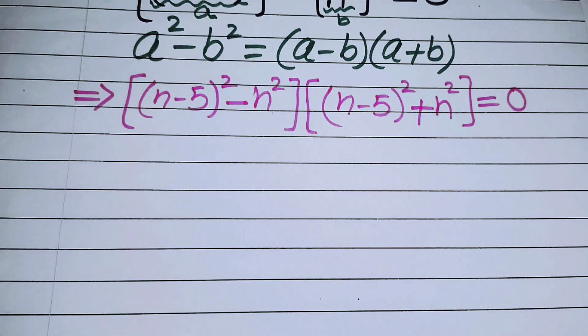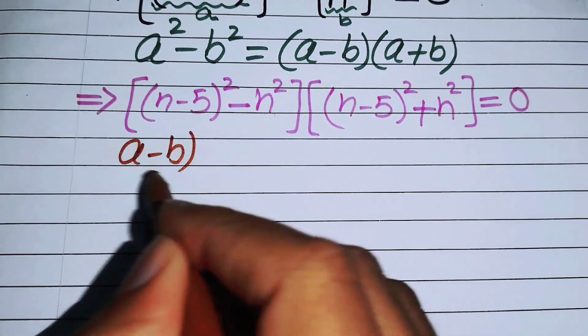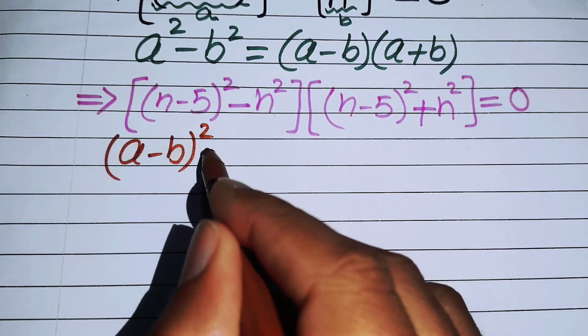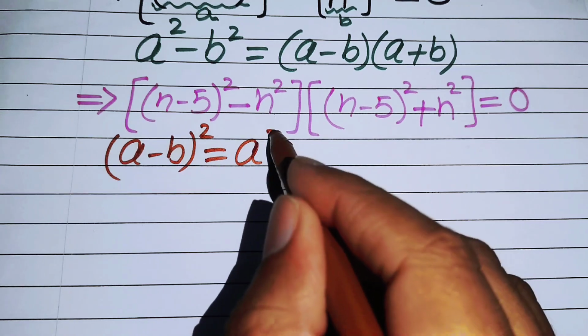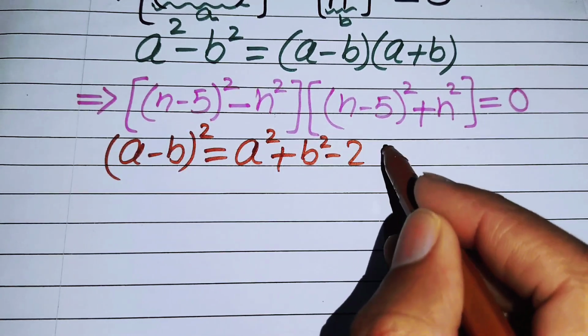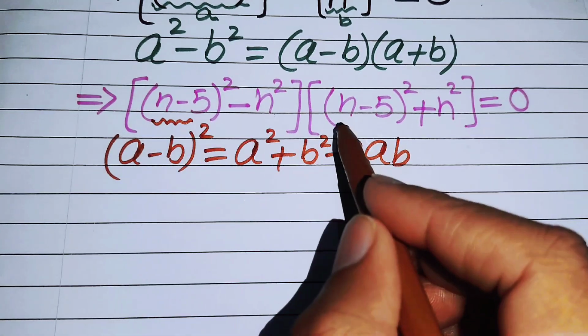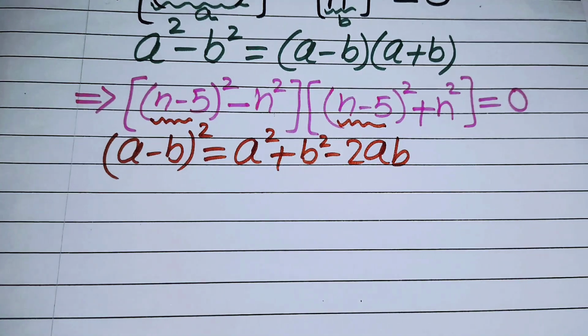In the next step we will again use another well-known square identity, and you know about this identity. If we have (a minus b) whole squared, it equals a squared plus b squared minus 2ab. So here we use this formula on this term as well as this term.